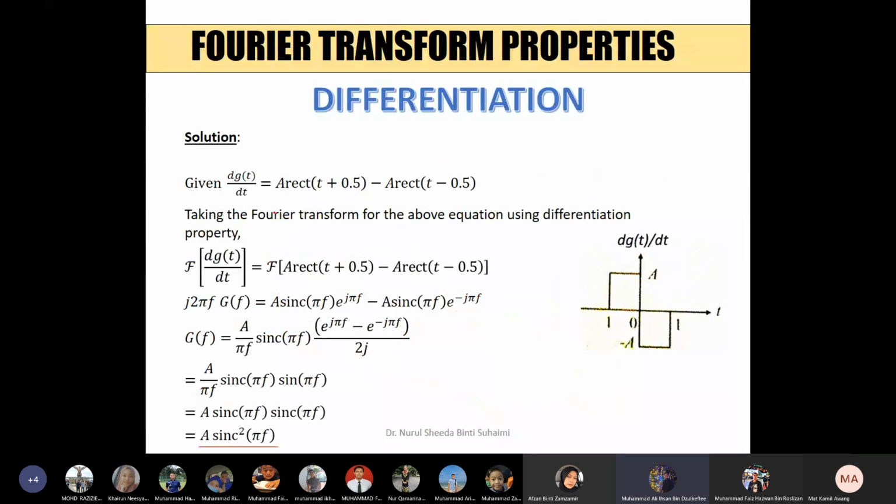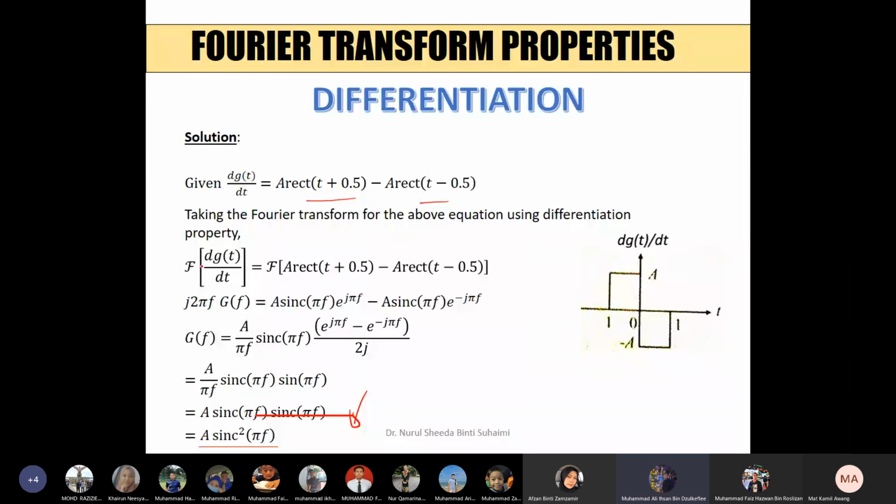So given dg(t)/dt, the differentiation of g(t) over t is equal to this. It basically is a rectangular of t plus 0.5 minus a rectangular of t minus 0.5. So take the Fourier transform of the above equation using the differential property. You get this, if you do the direct calculation, or if you do the differentiation using the formula.